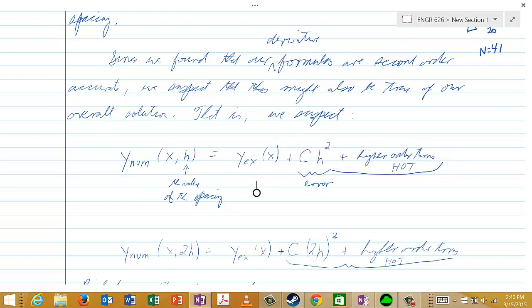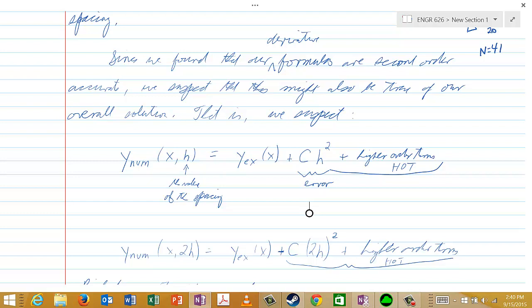Remember, yex is the exact answer plus c times h squared. So the error, now we also have higher order terms, but we're not going to worry about those higher order terms here. We're going to look at the leading term of the error, which is c times h squared, and h is the initial value of our spacing.